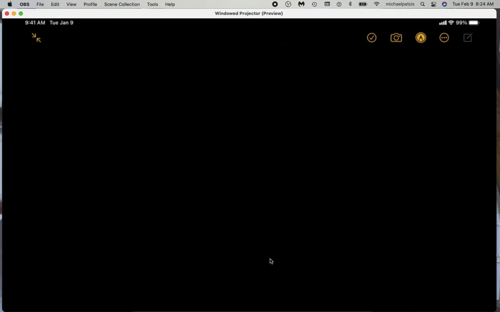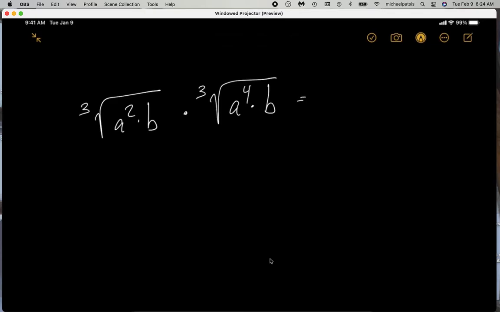Okay, let's talk about multiplying radicals. If you have something like this, because you have the same root, they're both cubed root, you can go ahead and keep the cubed root and multiply what's inside.